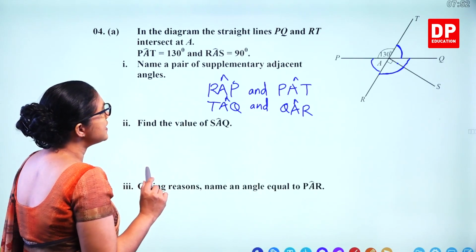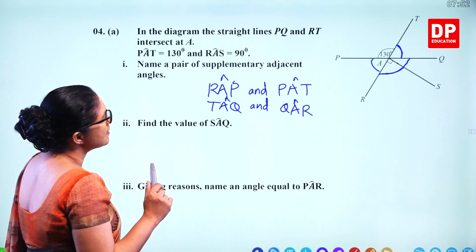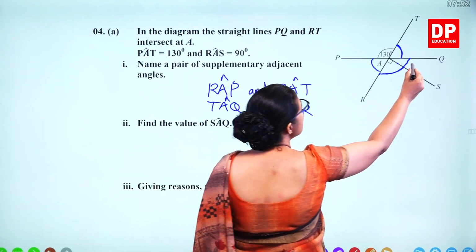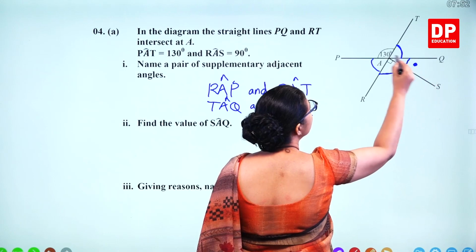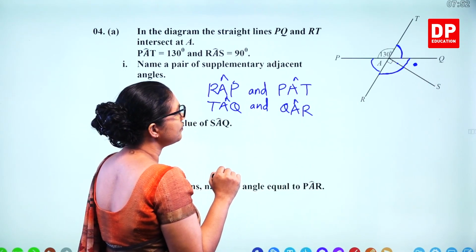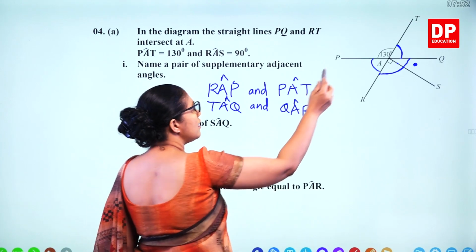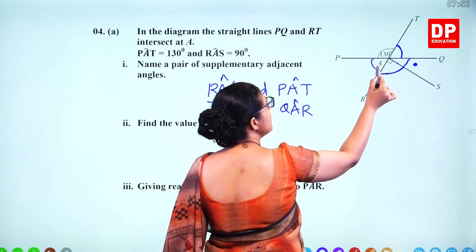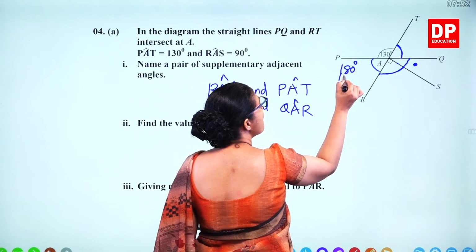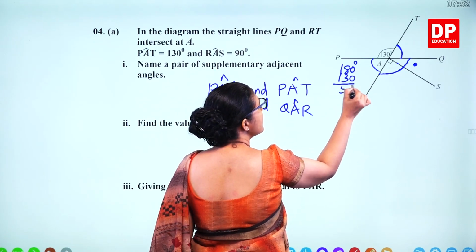Find the value of SAQ angle. This angle. How can we find out that angle? Here, this is 130. What is this angle? 180 minus 130. You get 50 degrees.